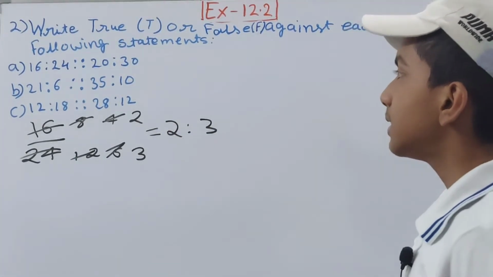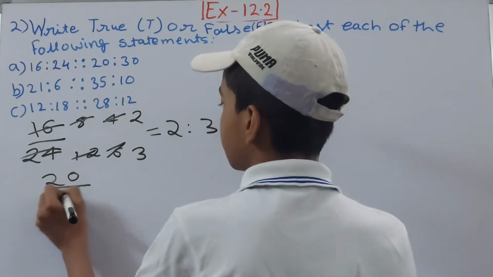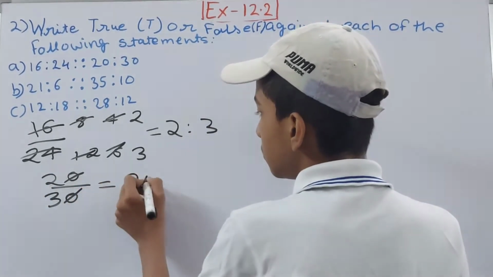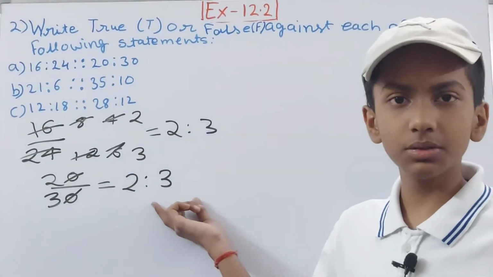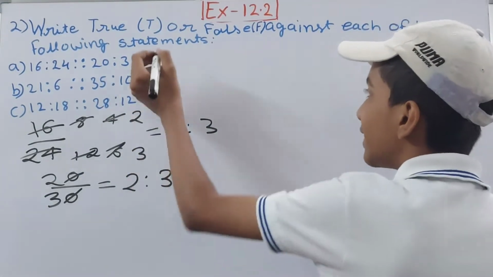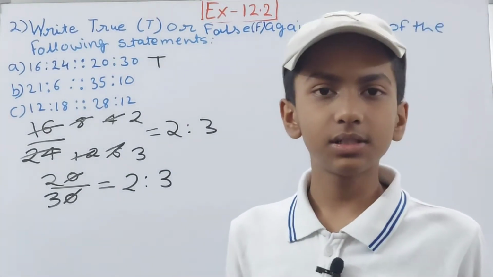Clear. Now next is 20 upon 30. This 0 cut, this 0 cut, you get 2 is to 3. So you see that you are getting the same ratio. So these two ratios are in proportion and this statement is true. Let's move on to the next statement.